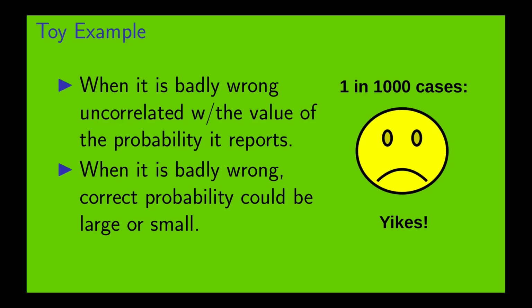Also, let's say the cases when it's wrong are uncorrelated with the value of the probability that it reports. So you can't look at the result and say something like, this number is very large or very small, this must be one of the cases where it screwed up. And furthermore, let's assume that when it's badly wrong, you have no idea what the correct probability is. The correct number could be large or small.